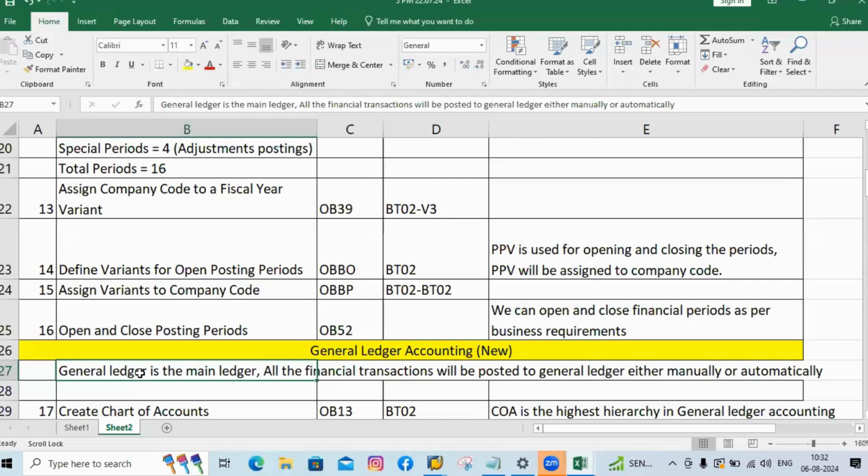Okay. Now, one tricky question. I have a company code and I have a chart of accounts.